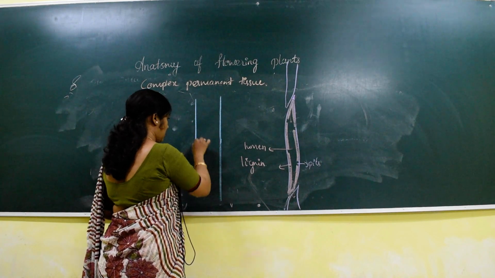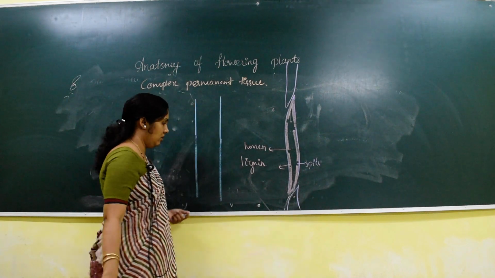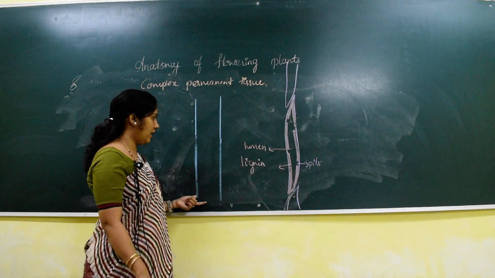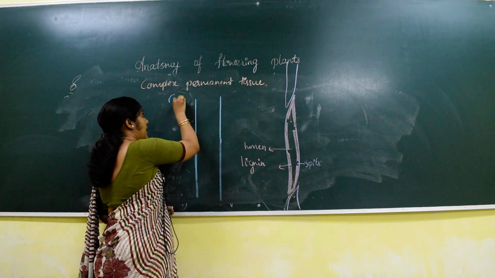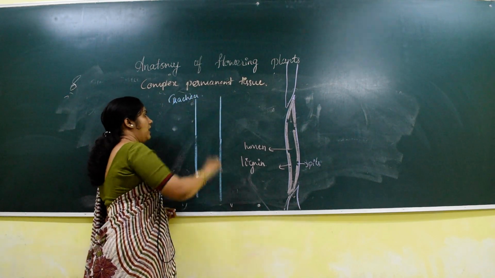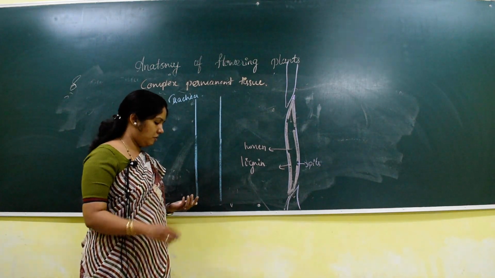The trachea is wider, and even the trachea are arranged one above the other. This is the trachea, or the xylem vessel, which is seen in angiosperms, while this is the tracheid.